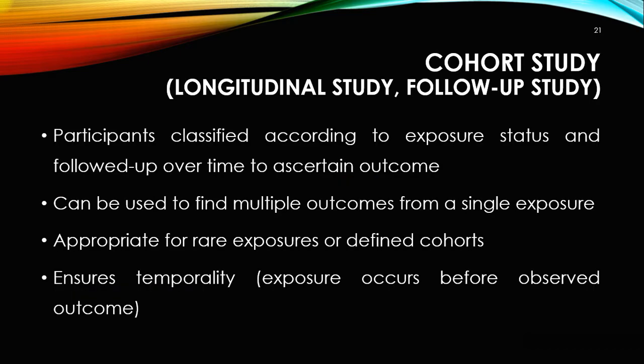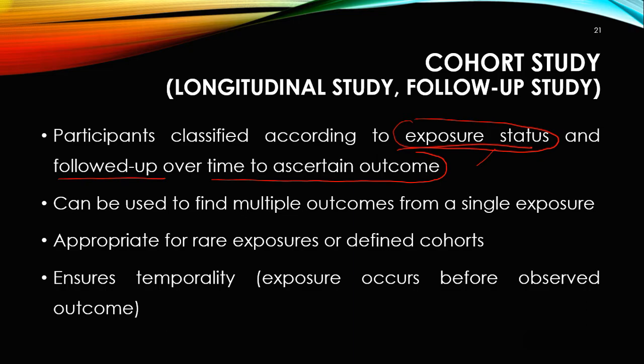So a cohort study is also called a longitudinal study or a follow-up study. Participants are classified according to exposure status and followed up over time to ascertain outcome. So classification is done depending on exposure status. Exposure status means either the patient is exposed to a certain drug or unexposed to a certain drug.